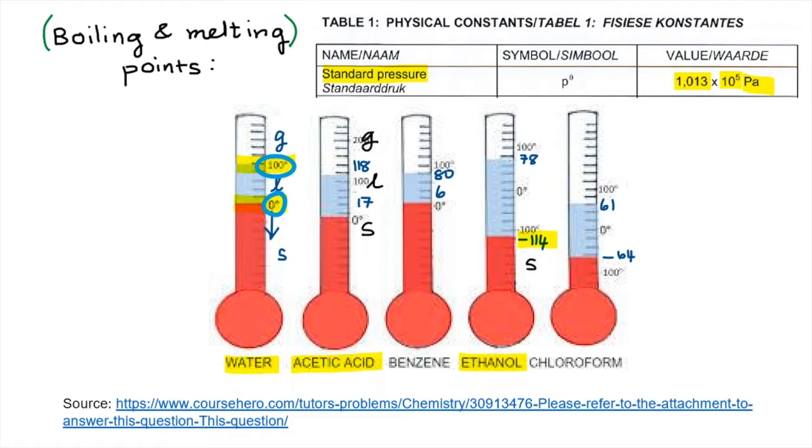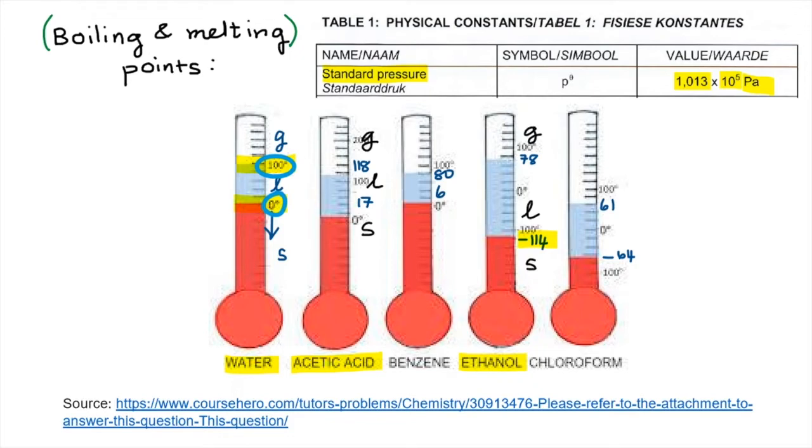But if the temperature is negative 100 degrees Celsius, ethanol will still be in the liquid phase. At 0 degrees Celsius, it will still be in the liquid phase, and at approximately 77 degrees Celsius, it will still be in the liquid phase. But if we go to a temperature higher than 78 degrees Celsius, then ethanol will be in the gaseous phase.